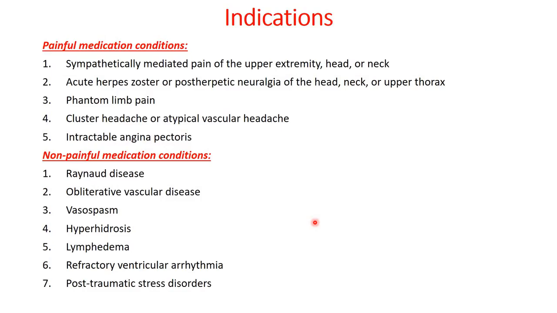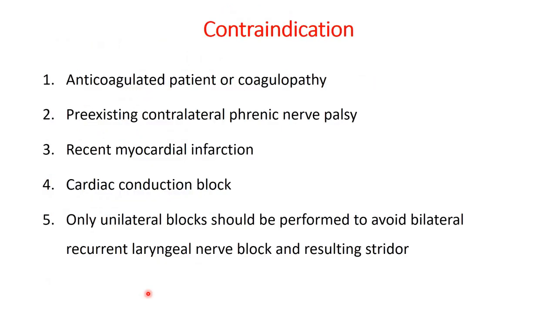Other conditions are Raynaud's disease, obliterative vascular disease, vasospasm, hyperhidrosis, lymphedema, refractory ventricular arrhythmia. We have multiple publications regarding refractory ventricular arrhythmia where we use stellate ganglion blocks as a last resort for the treatment. It has even been used in post-traumatic stress disorder as well. These are the common indications for which the stellate ganglion block is used.